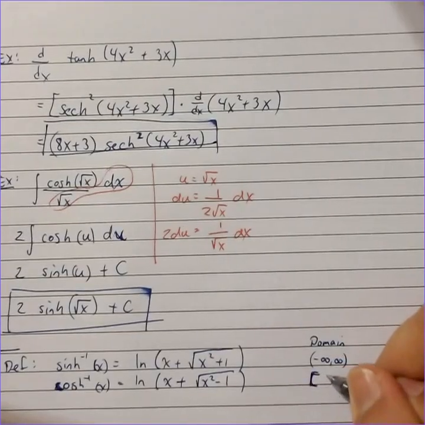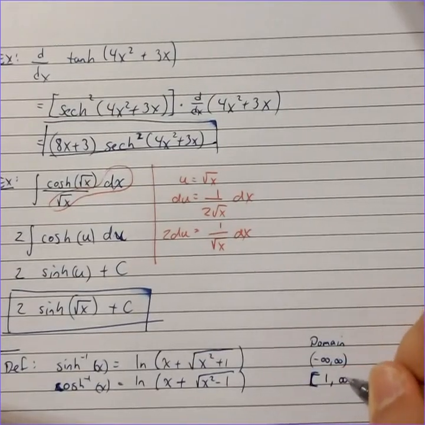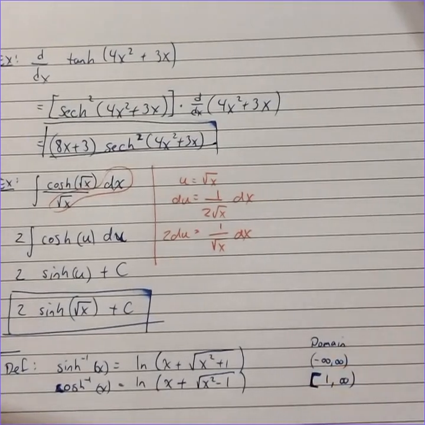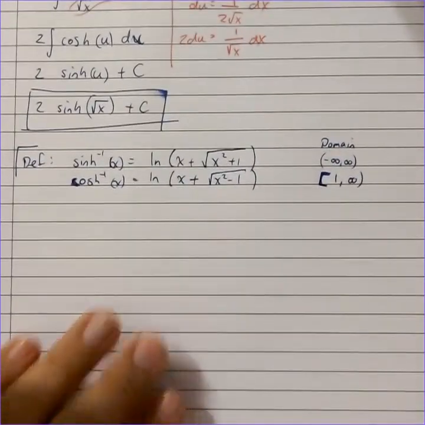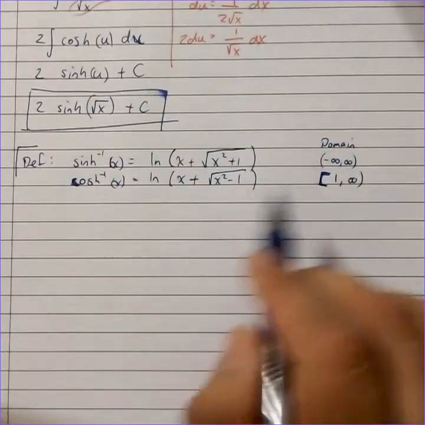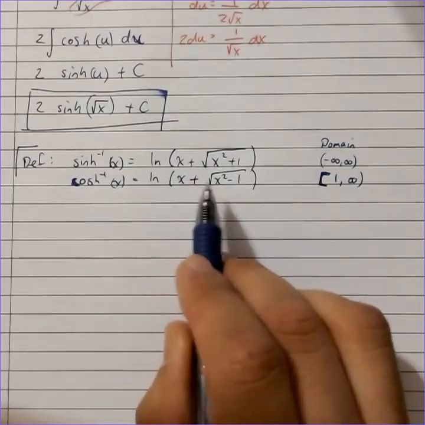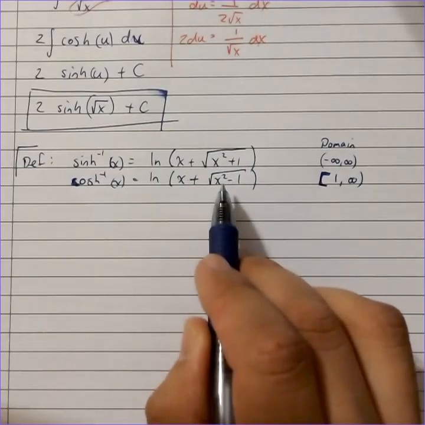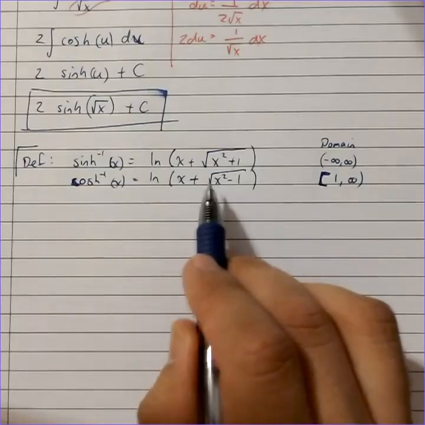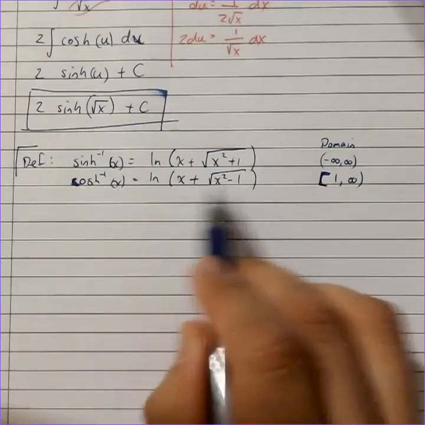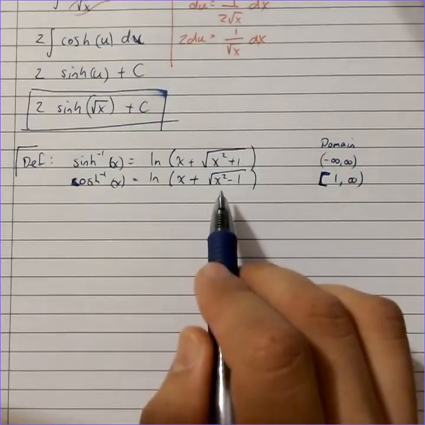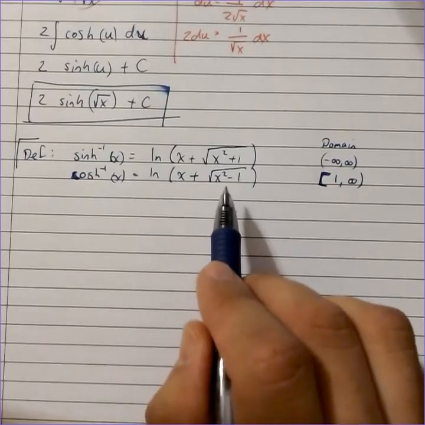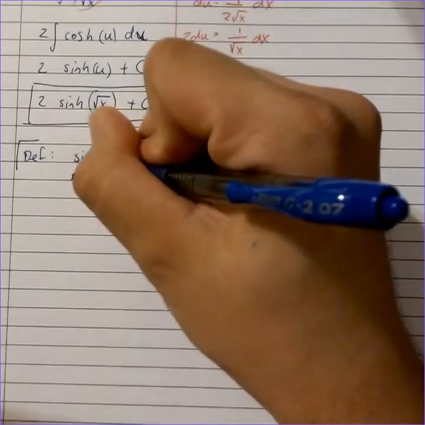It's only defined from 1 and above, starting at 1 and above. Note if you did use 0, that would be 0 plus the square root of negative 1. And that's the natural log of i, natural log of an imaginary number. Can that be done? Actually, it can. But it's not something we're prepared to do now.